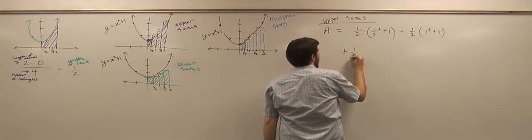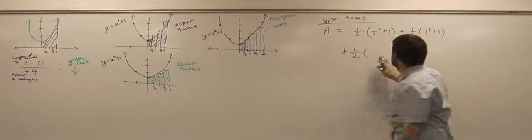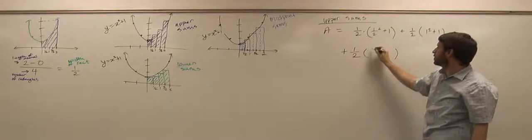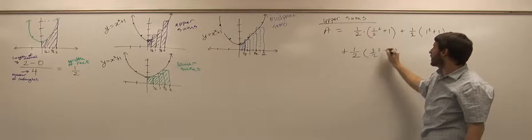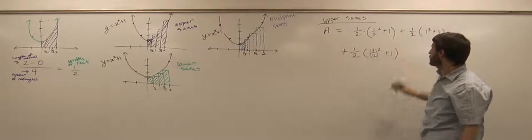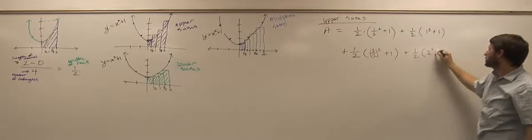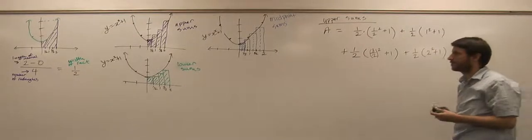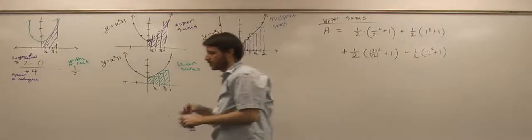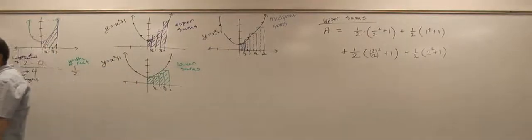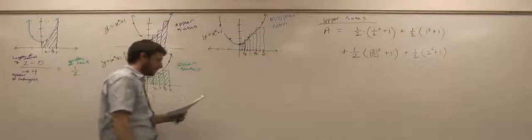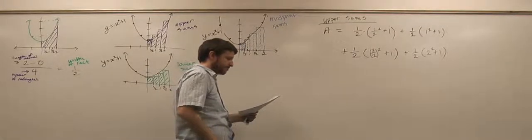Plus 1/2 times the third rectangle, 3/2 squared plus 1, plus 1/2 times 2 squared plus 1.